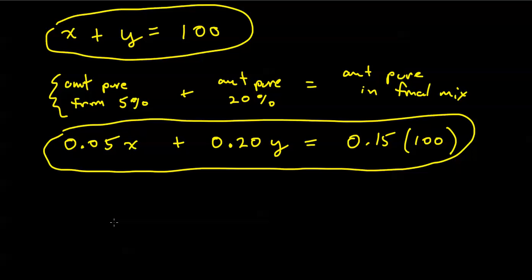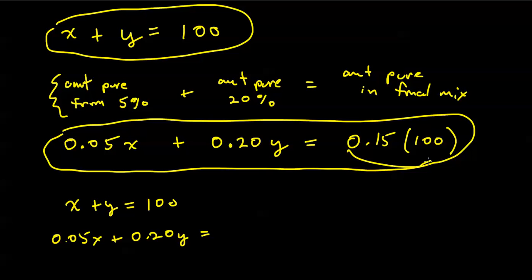Let me rewrite that system. X plus y equals 100, and 0.05x plus 0.2y equals 0.15 times 100. Well, 0.15 times 100 is, of course, going to be 15. Alright, so there is the system which I need to solve.